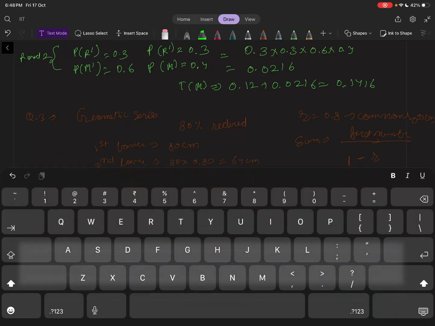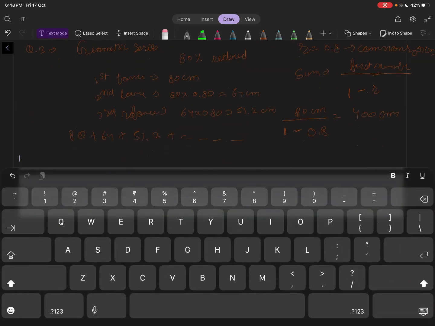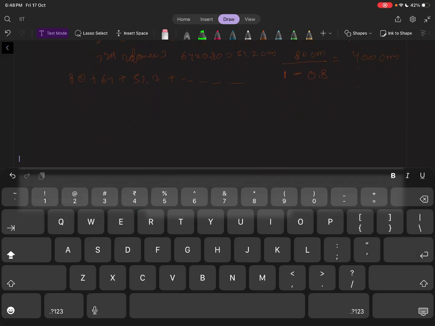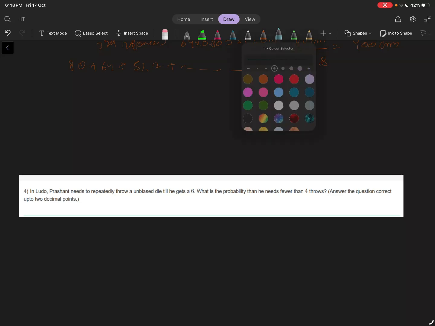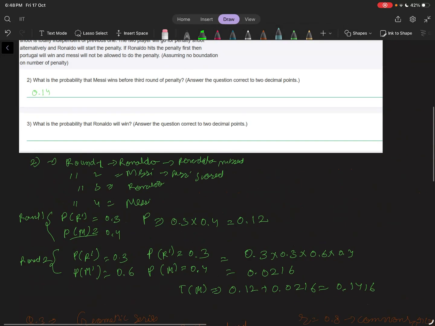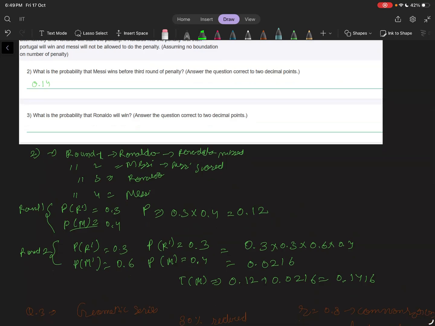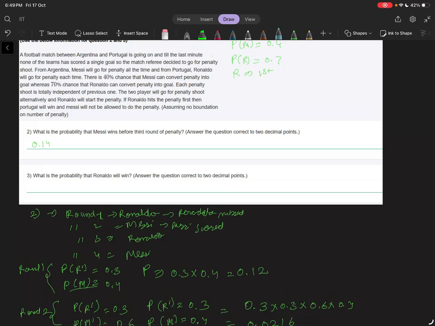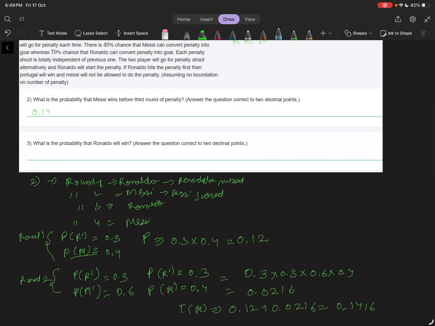Now let's come back to question number 3. With this principle in mind, we are going to solve our question. What does question number 3 say? It says, what is the probability that Ronaldo will win? In each round, Ronaldo goes first, and if he scores, he wins.